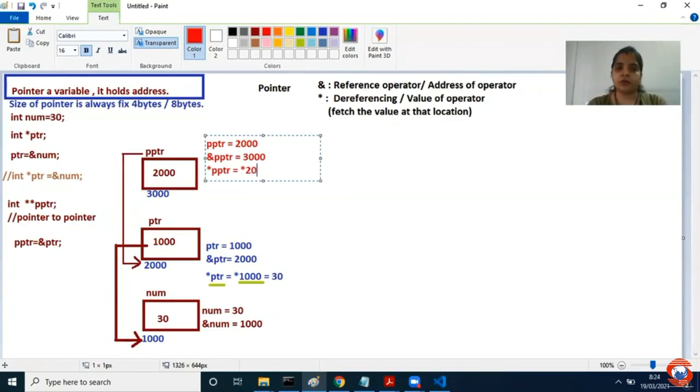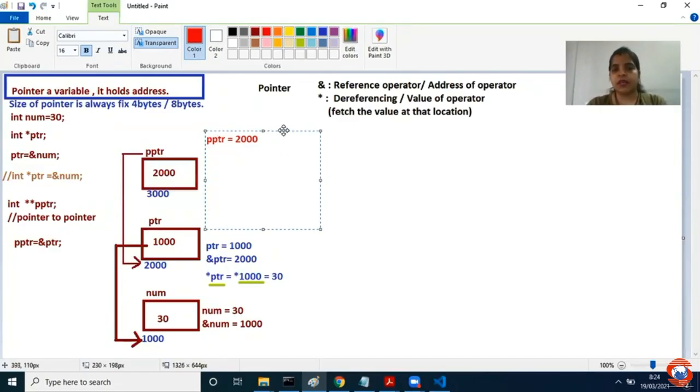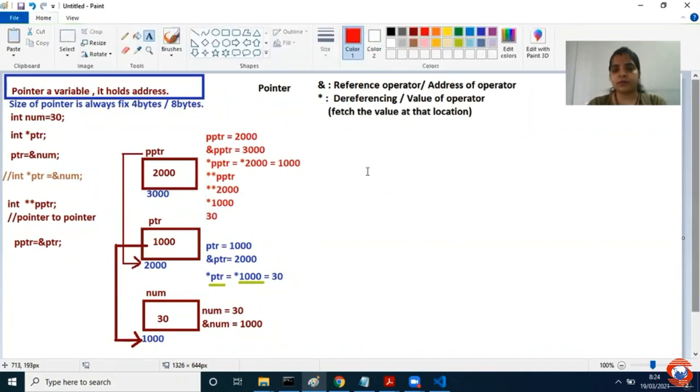What is the value at 2000? It is 1000. Can I say like this? All right. Let us understand. Value at 2000 is 1000. Value at 1000 is 30. Means can I say it is a 2-level indirection?